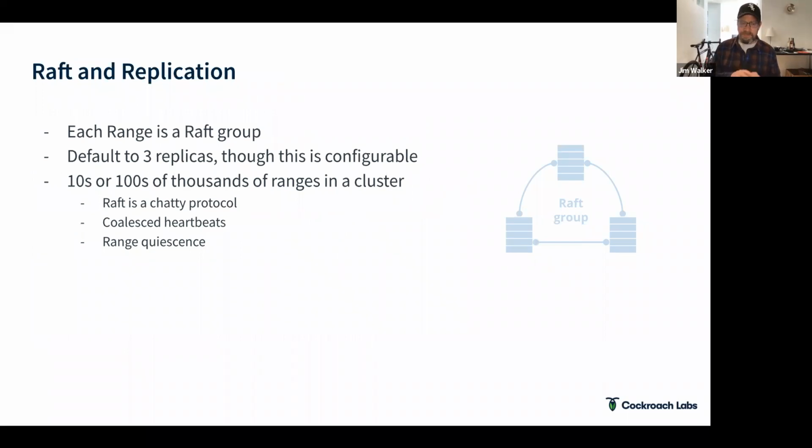So again, each range is a Raft group. We default to 3. It's configurable. We see people go to 5 or 7. It really depends on what you want to survive and some of the requirements of your particular application. But typically, in an implementation of Cockroach, there are tens or hundreds of thousands of ranges in a cluster.